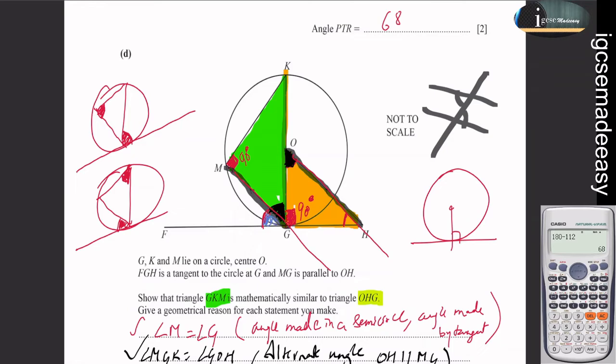this angle is equal to this angle, and this angle is equal to this angle because it's the alternate segment theorem, right? Because this angle and this angle will be equal because of the alternate segment theorem. So indirectly this angle will also be equal to this angle, right?